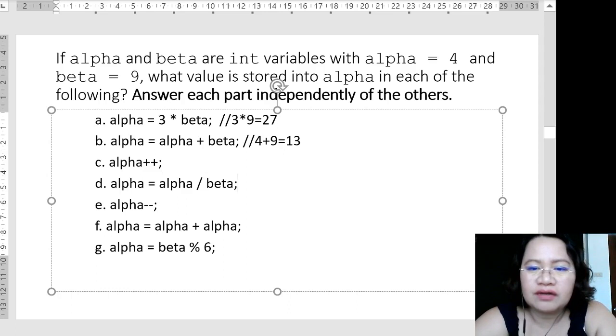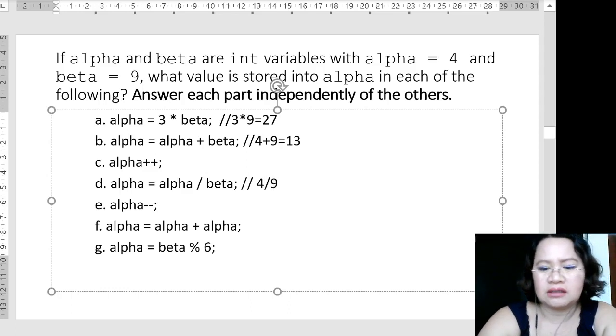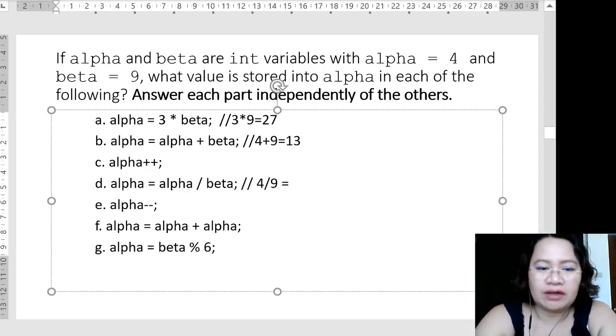Next, we have alpha divided by beta. Now, both alpha and beta are integer. As discussed previously, if the operands of the division operator are both integer, then the result will be an integer. So alpha is 4 divided by 9. What is the result of dividing 4 by 9?